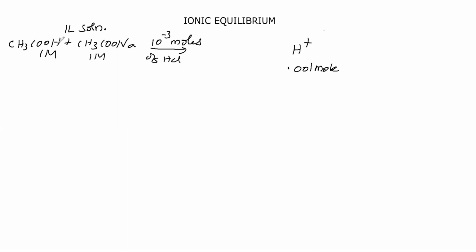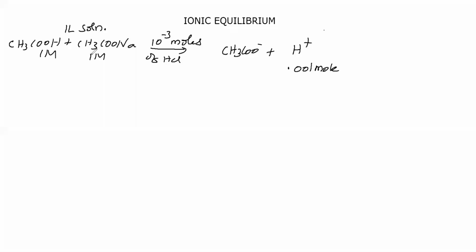So, is there any species in the buffer solution to consume H plus? Yes. Which species? Acetate ion. Acetate ion present in this buffer solution will consume the H plus provided by this HCl.